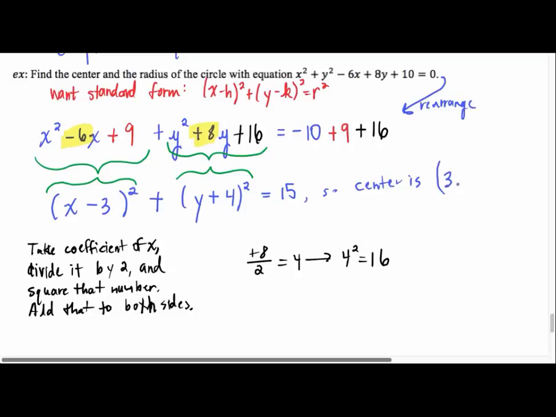Y minus k squared compares to y plus 4 squared, so what has k got to be? Negative 4, good. So the center is 3 comma negative 4, and the radius is not 15, it's the square root of that, right? Because it equals the radius squared. So the radius squared is 15, so the radius is square root of 15.